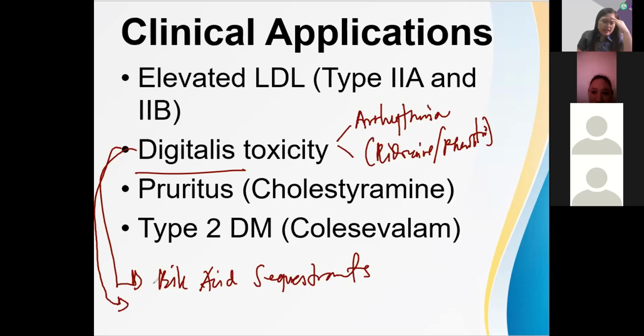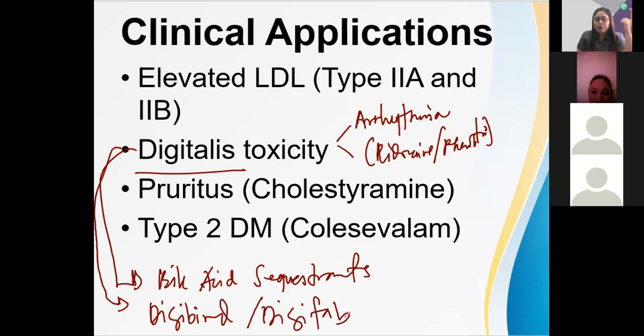Actually, the board exam question here, I think I failed to mention, is digibind. Digibind or DigiFab is used as an antidote for digitalis, so that we can remove it and it will not cause toxicity, especially during overdose. Aside from that, cholestyramine itself is used for pruritus, the itching of our body. Since they are sequestrants, aside from bile, they can sequester drugs and toxins.